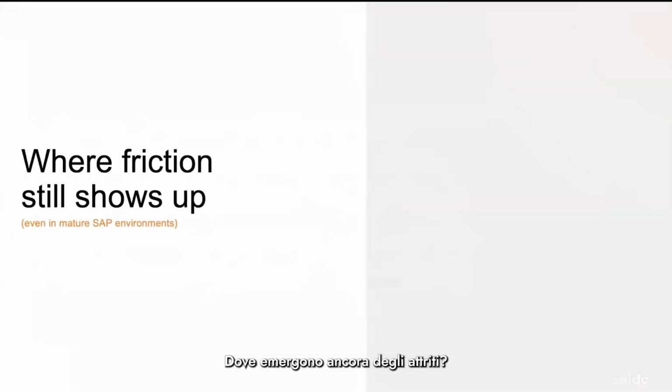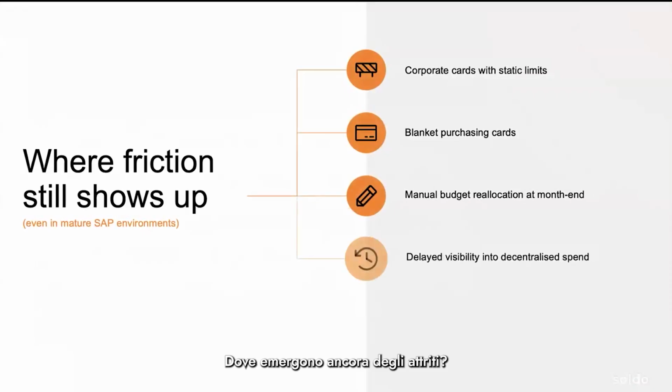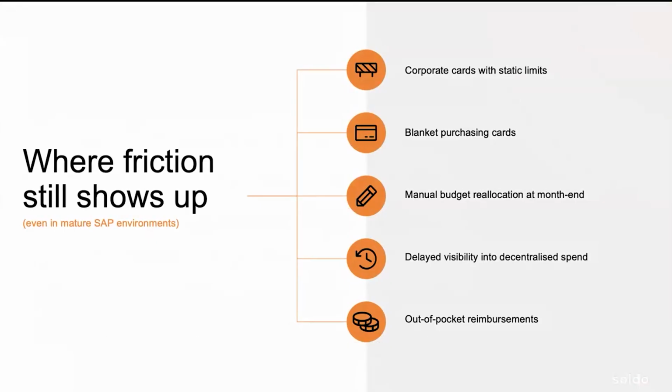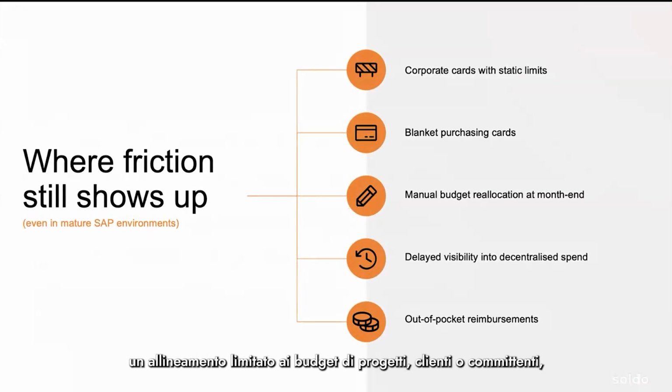So where does friction still show up? Even in organizations with strong SAP Concur governance, we still see this friction. Corporate cards will often have static credit limits, limited controls over merchants and where you can spend, limited alignment to budgets for projects or customers or clients or however your structure is needed to be reflected.